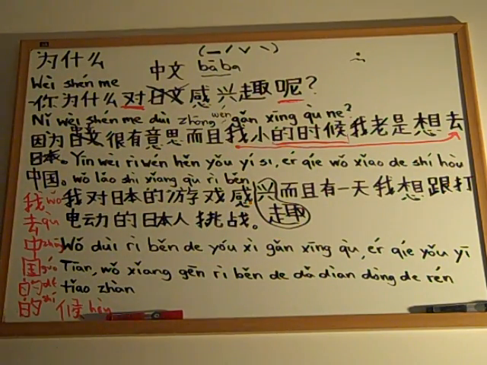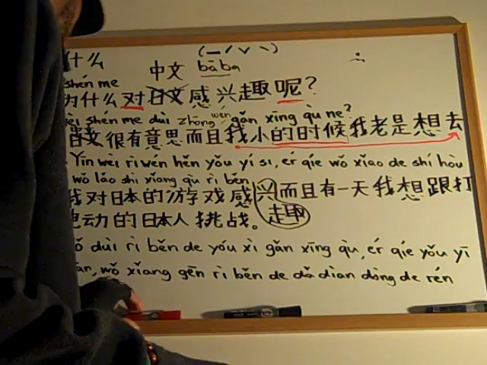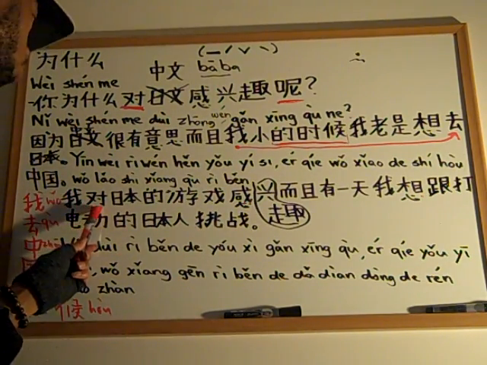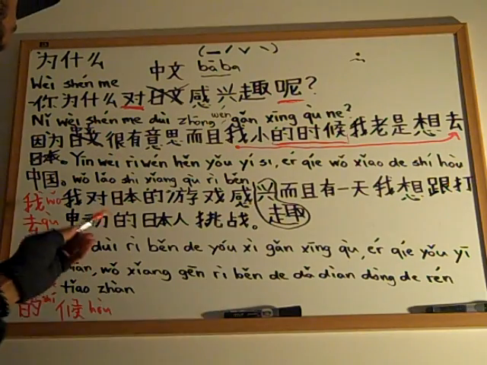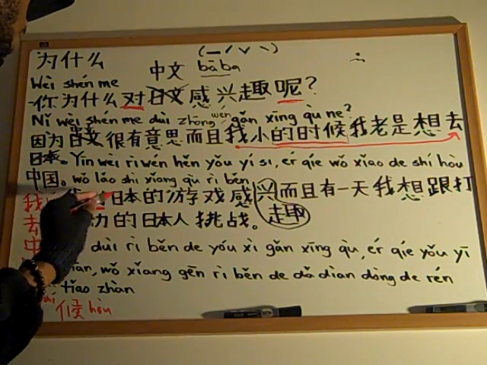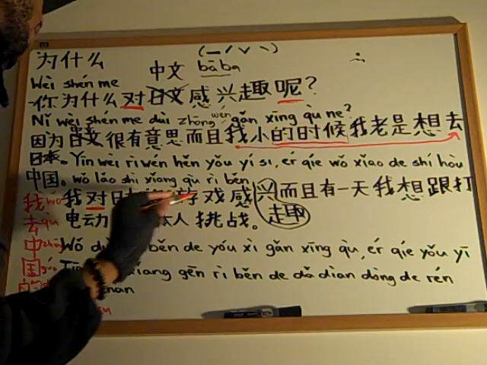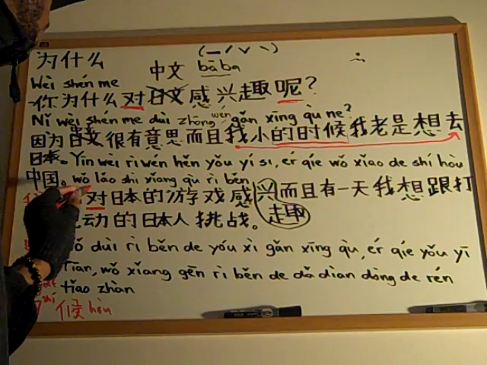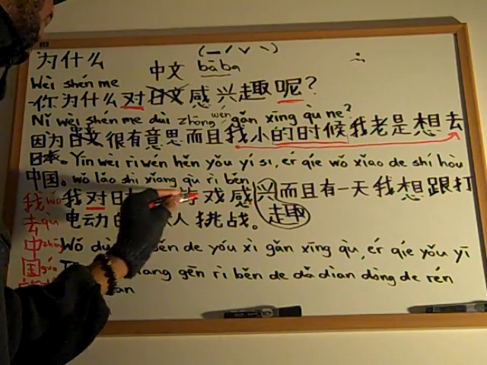Okay, I'll give you guys the literal translation of that. So, here's that 对 again. Remember before we said 对, it meant correct or to something. So 我对日本的游戏, so I to Japanese games.